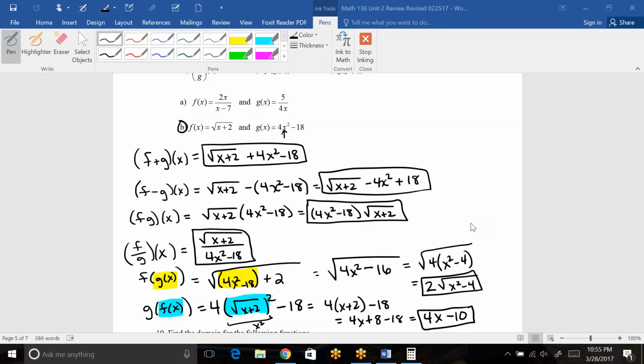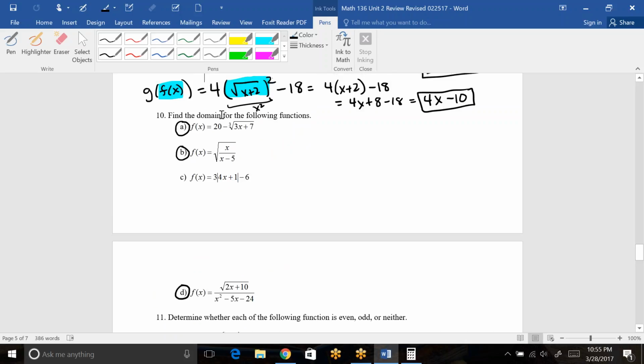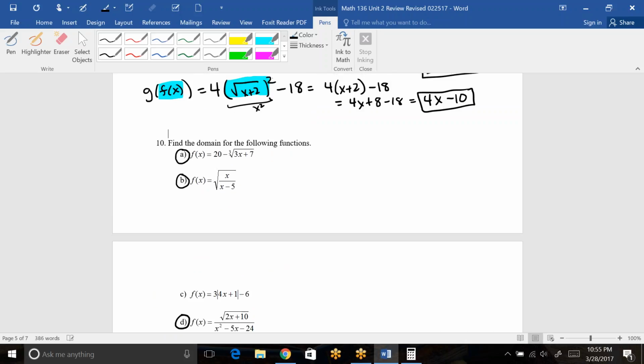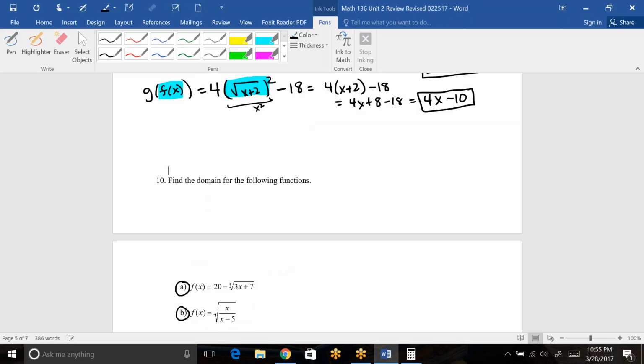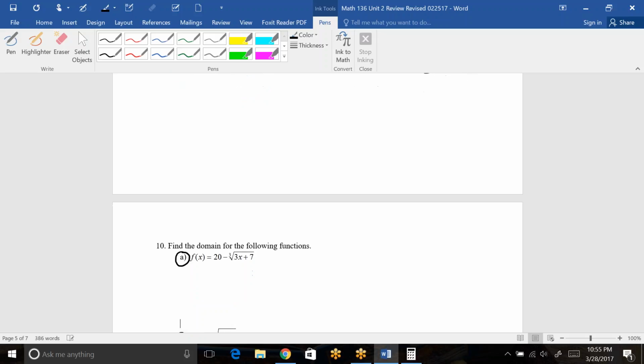Okay. All right, let's move on down. These should go pretty quick. For 10, we're looking for the domain. When you're talking about domain, only certain functions have problems. For example, yes, a square root has a problem.